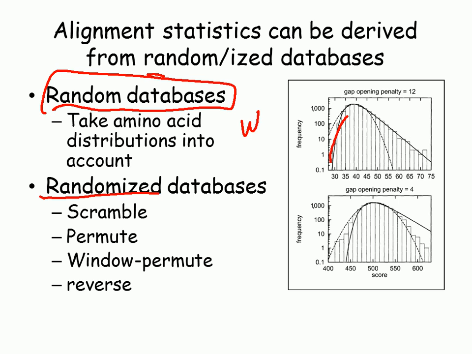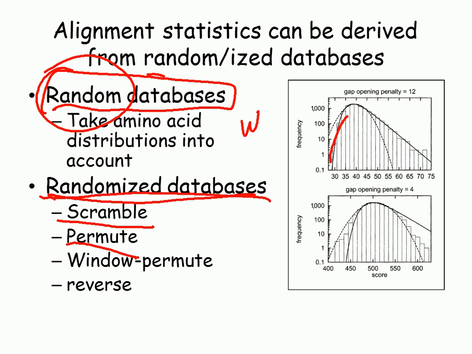There are some strategies to generate randomized databases. A random database is where you generate your own random database. A randomized database is where you take an existing biological database, let's say a genome, and you generate a randomized version of it. The steps you perform are that you scramble it up, you shuffle sections of it.